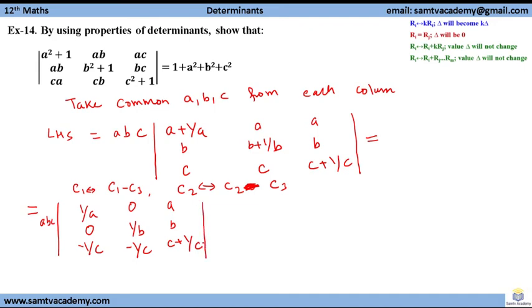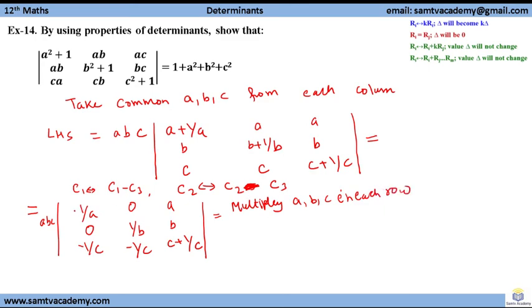Okay, so now we will multiply again a, b and c in each row. Next step, I am doing multiply a, b, c in each row.